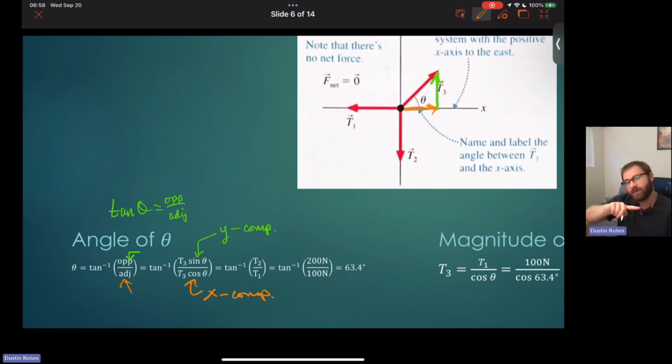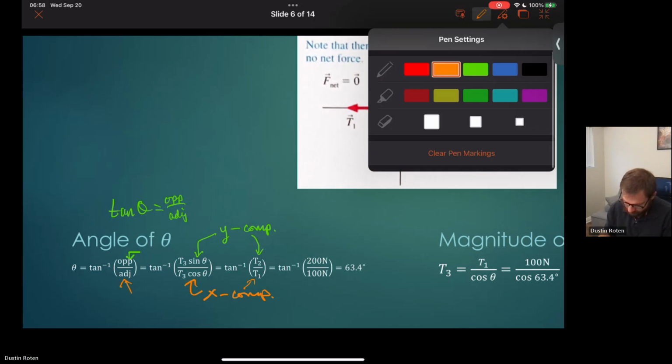Now, we can go back to our two equations that we came up with in the x direction and the y direction. We know that the y component has to equal T2, so we can make a quick substitution. The x component has to equal T1, again a quick substitution. Now remember, these values were given to us.